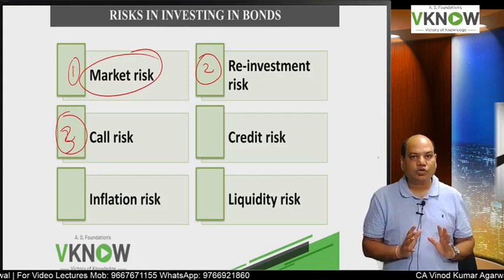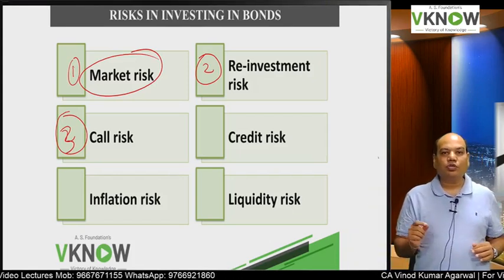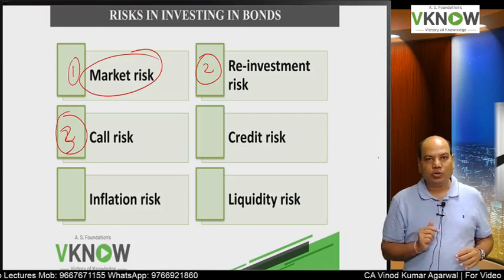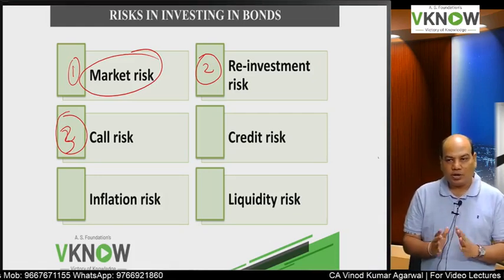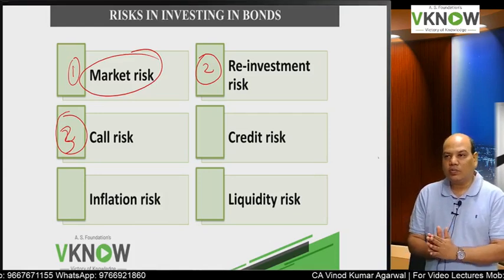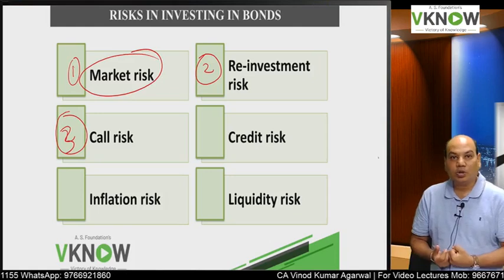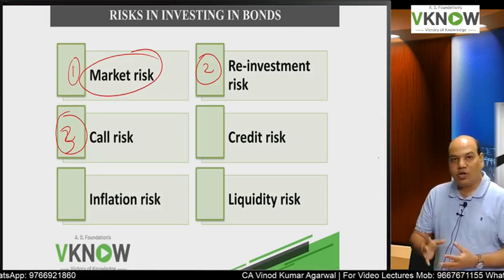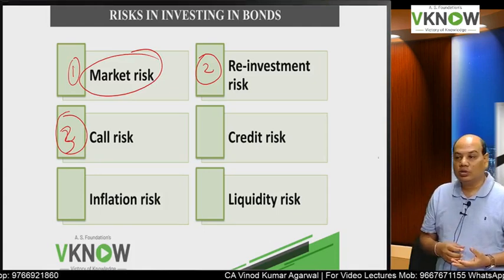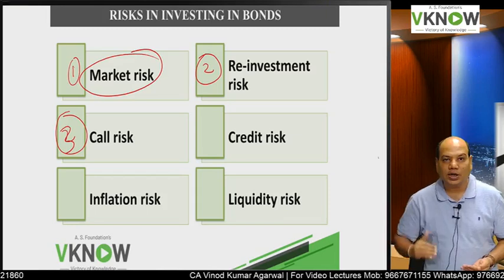The third risk is call risk. This risk is attached to a callable bond. We are going to take callable bonds in the next lecture probably. A callable bond is a bond where the company has the right to call back the bond before maturity. When will the company call back the bond? When the market rate of interest has gone down.